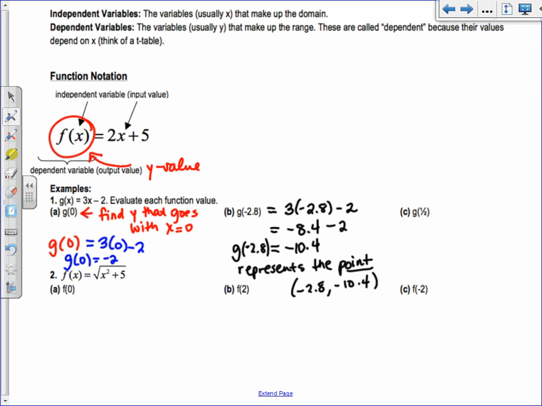All right, g of 1/2. g of 1/2 is 3 times 1/2 minus 2. So it's 3 over 2 minus 2. So 3 over 2 minus 4 over 2, if you get common denominators. So it's negative 1/2. So g of 1/2 is negative 1/2. Again, that's representing the point 1/2 comma negative 1/2.